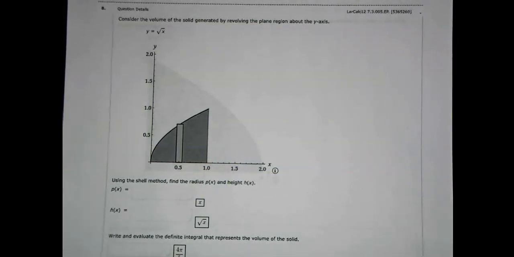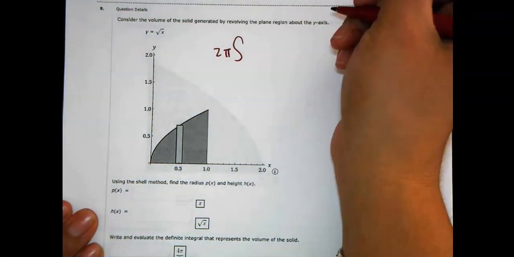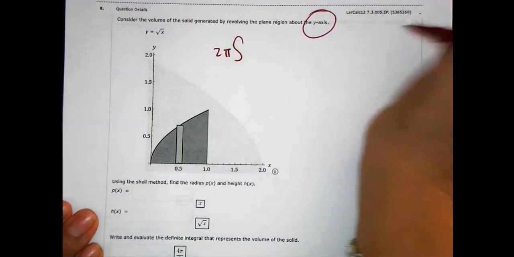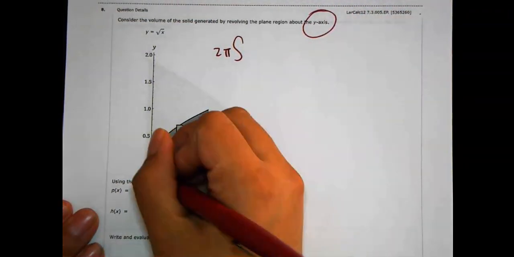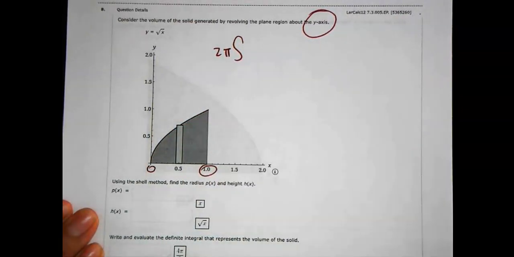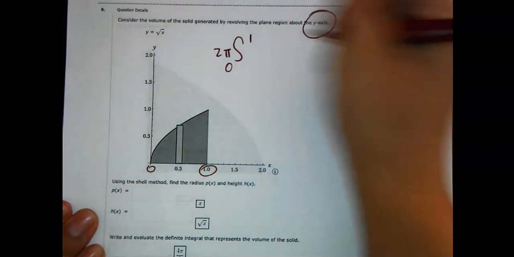Okay, so we're going to do the shell method, section 7.3. Remember that for the shell method it's 2 pi. It's revolving around the y-axis, so we're going to do it in terms of x. So it's going to be from 0 to 1. Those are the limits.